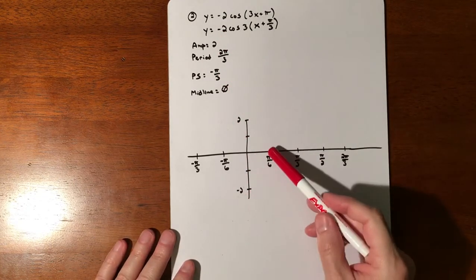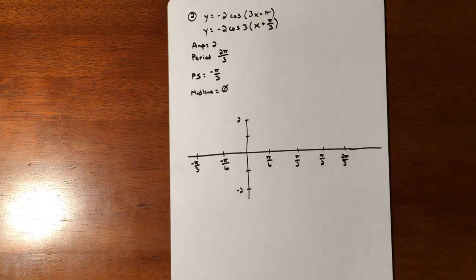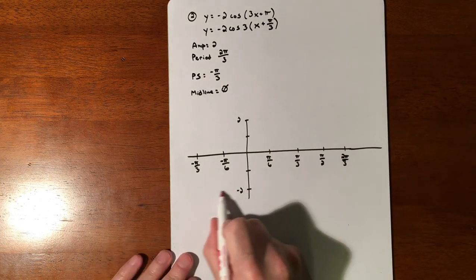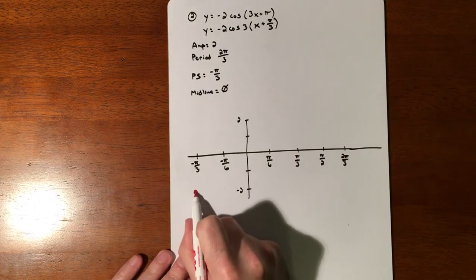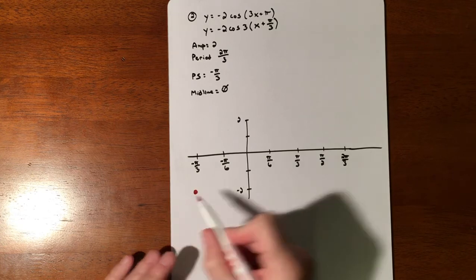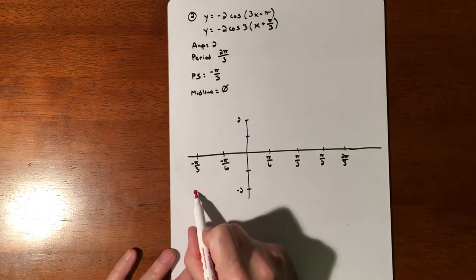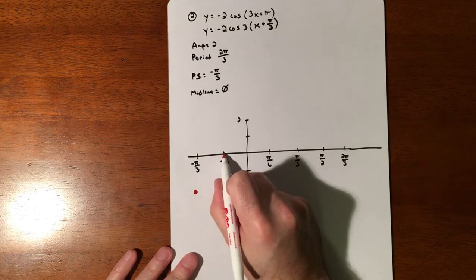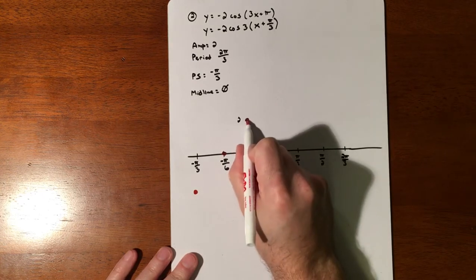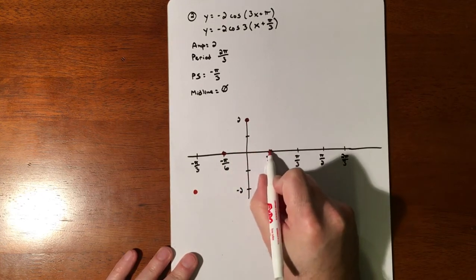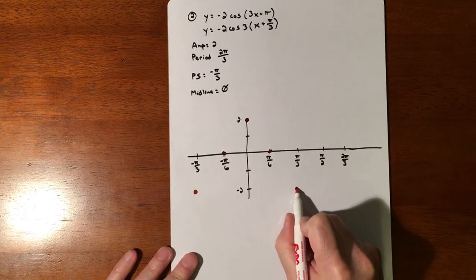So it's going to start here, then go up, and then back down. But that point is going to shift back. And then from here, I can just start my cosine graph. So I'm going to start here, and then I go to a midline, I go to a high point, I go back to a midline, and I go back to a low point.